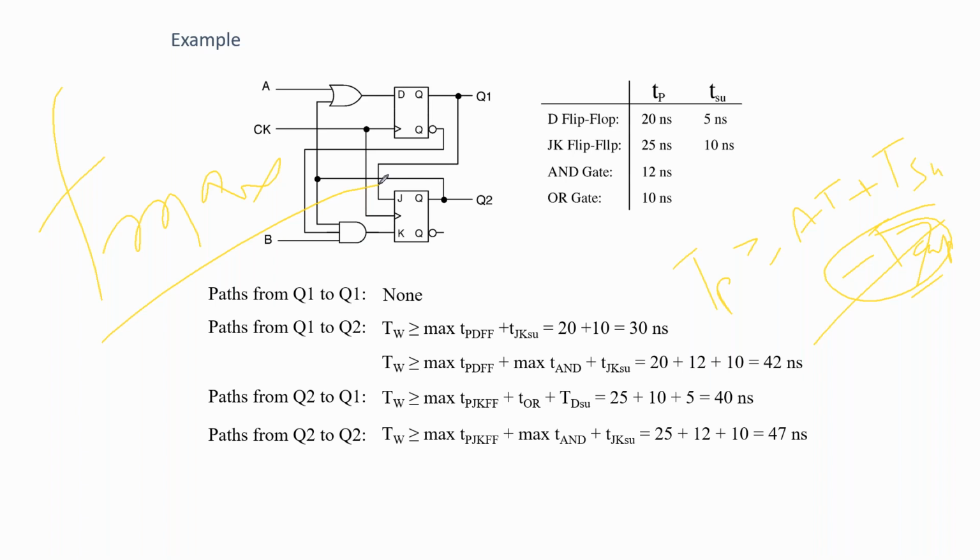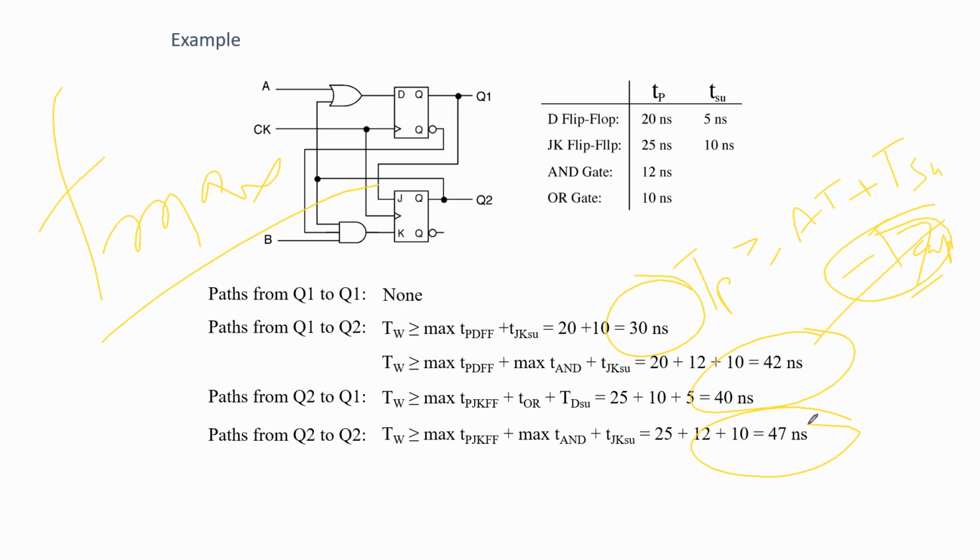Okay. Any other opinion? Sir, 47 nanoseconds. What about this 42 and 40? No one is bothering about this 40 and 42. Everybody is either going to this place or coming to this place, right? Okay.